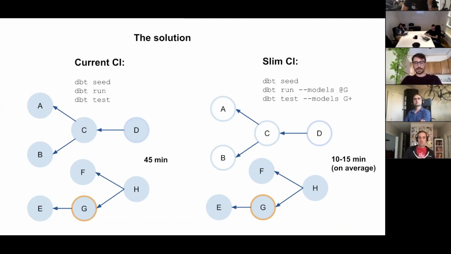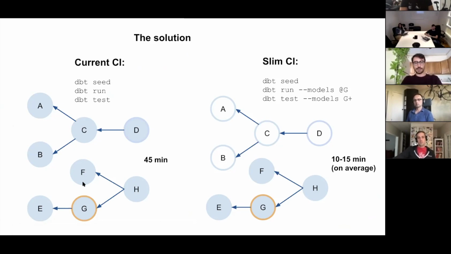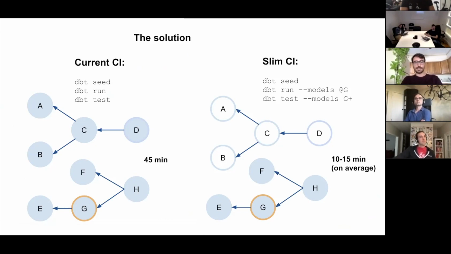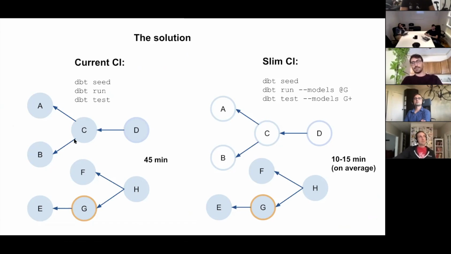Let's say you make a change to model G, outlined in gold here. You would still run dbt seed, run, and test on every single model in the project if you're following the current CI paradigm. So this leads to still running and testing models A, B, C, and D, even though they aren't affected at all by the change you've introduced.